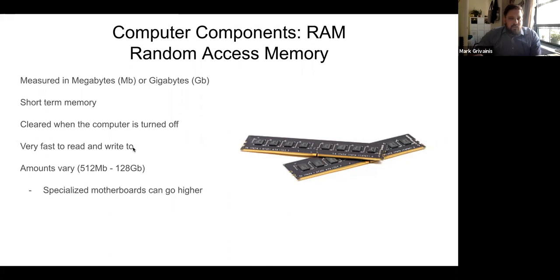But the advantage to this is that it's very fast to read and write from, and you can have differing amounts, from 512 megabytes to 128 gigabytes, depending on the motherboard. If you start working in high performance computing, you can actually get higher amounts than this. This is just on a standard motherboard that you would buy for your home computer that you can get these ranges.